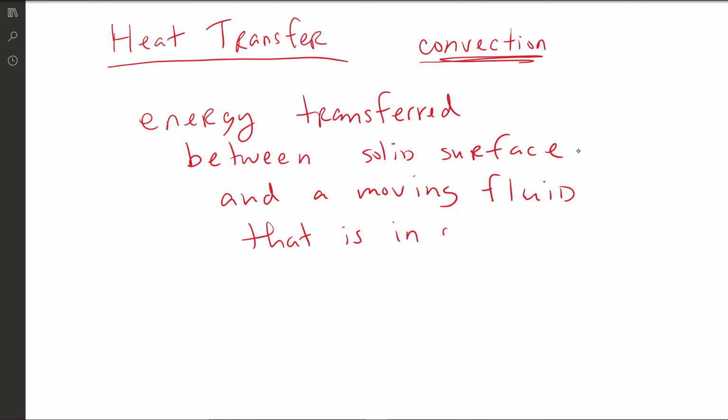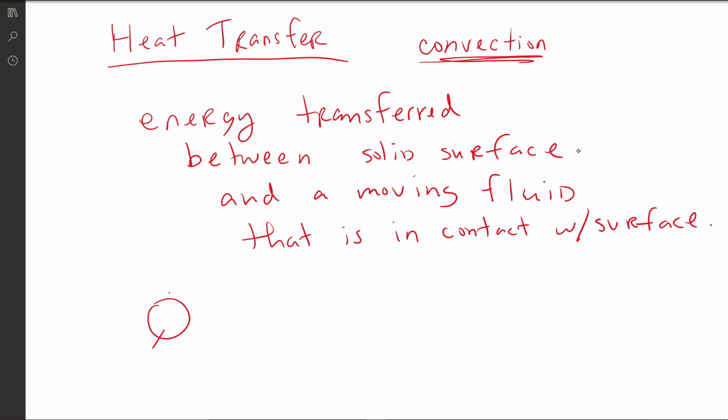So for the processes of heat convection, there is heat conduction between the molecules in the moving fluid and the solid surface, and then advection from the motions of the fluid.